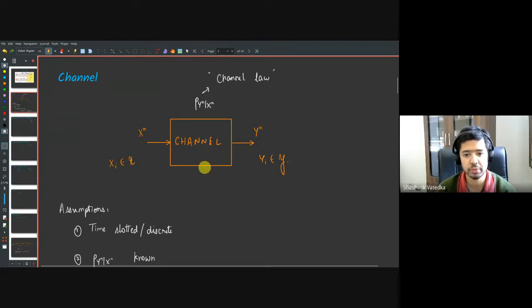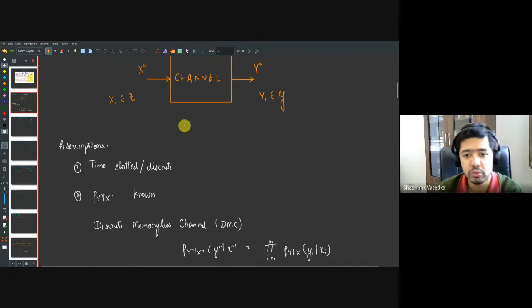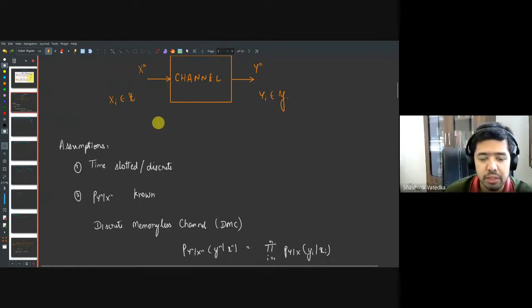But for our purposes, the relationship between the input and the output is completely characterized by the channel law, which is basically a conditional distribution P of Yn given Xn. So for us, the channel is completely specified by calligraphic X, calligraphic Y, and P of Y given X. Basically we need three parameters to specify the channel.